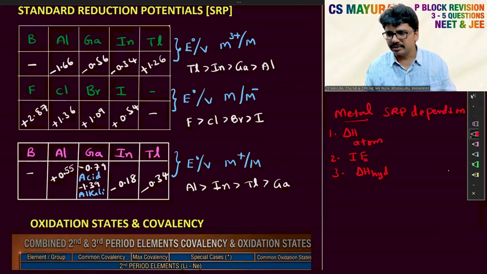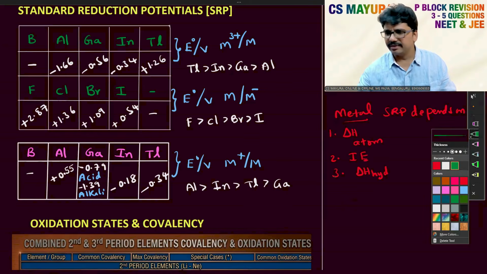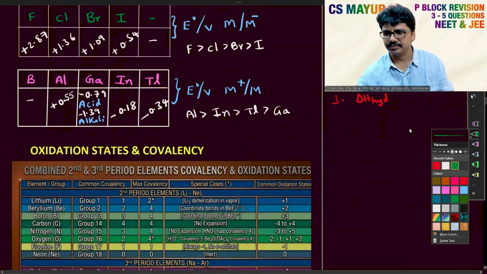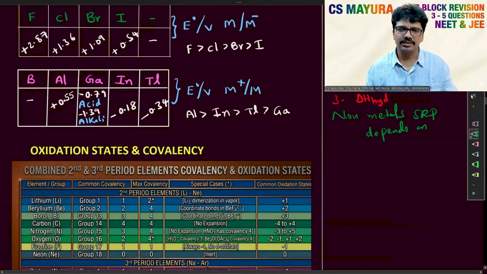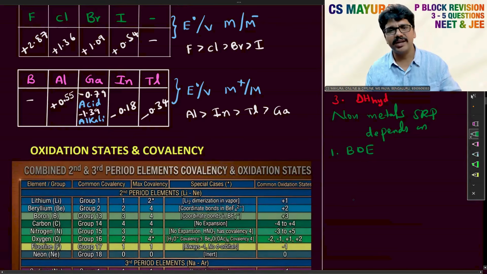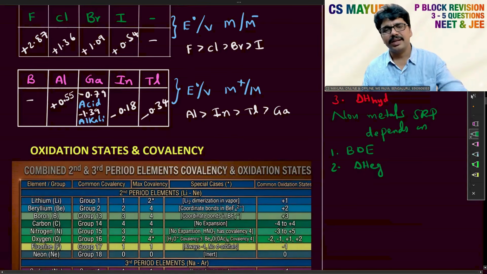In case of non-metals, this SRP, standard reduction potential, depends on three factors again. Here, the first factor is bond dissociation enthalpy, the energy required to break the molecule into atoms. The second factor is electron gain enthalpy: how much energy is released when an electron is added.